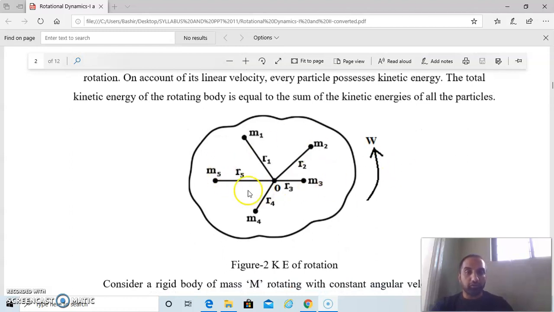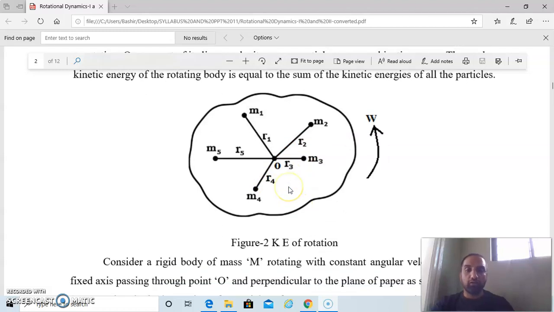So this is the actual picture. This figure shows a rigid body in which n number of particles are present. This is the axis of rotation through which the body can rotate. The body rotates with angular velocity omega. The first particle has mass m1, and its distance from the axis of rotation is r1. The second particle has mass m2, and its distance from the axis of rotation is r2, and so on.